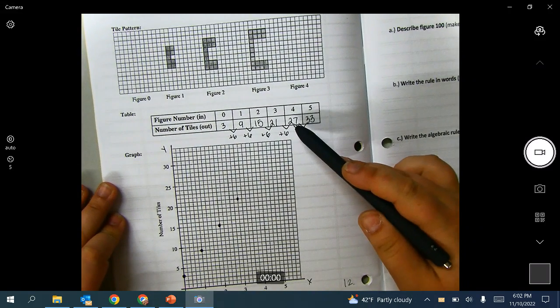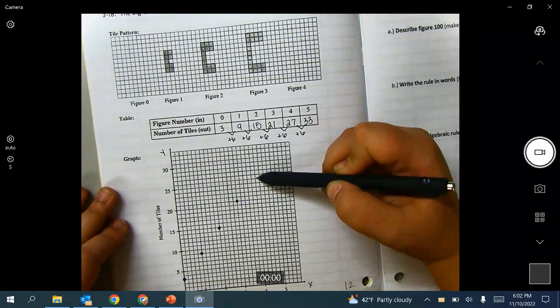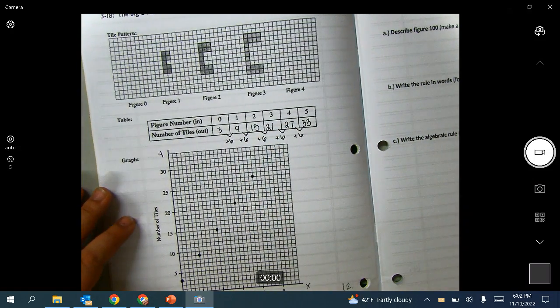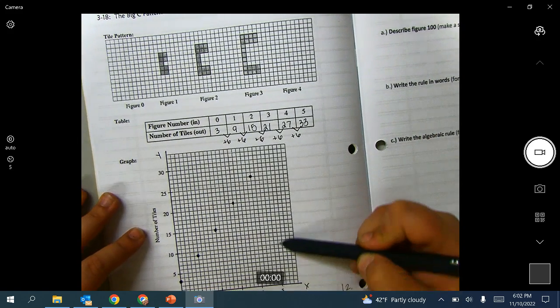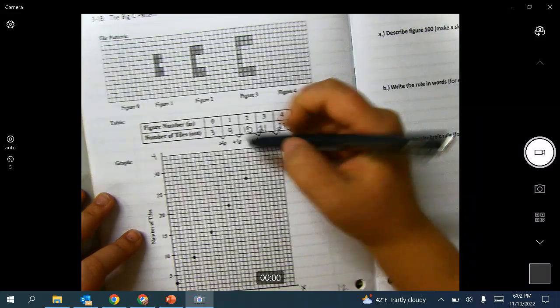Figure 4 has 27, so I'm going to go to figure 4 and then up to 27 tiles. And last but not least, figure 5 has 33, so from figure 5, I'm going to go all the way up to 33.